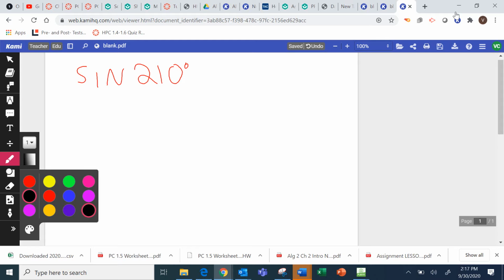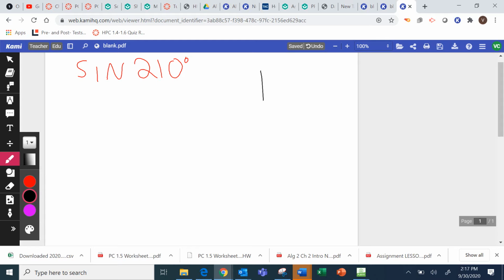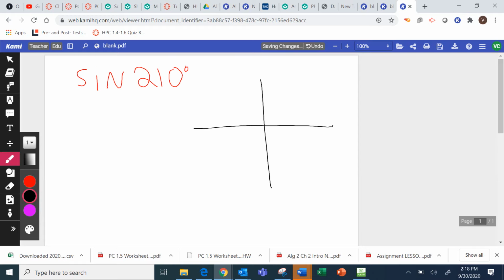The sine of 210 degrees is on the coordinate plane. We're going to find 210. So if I start at 0 and I rotate to 210, which quadrant am I going to be in? 3. How far am I going into 3? 30 degrees.